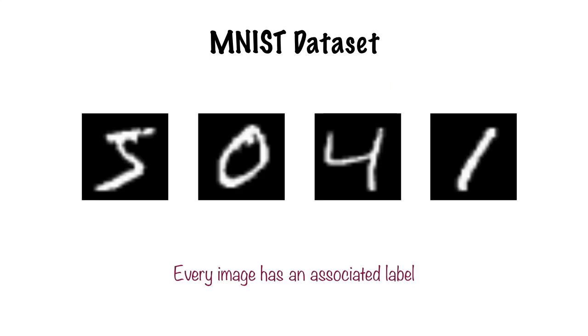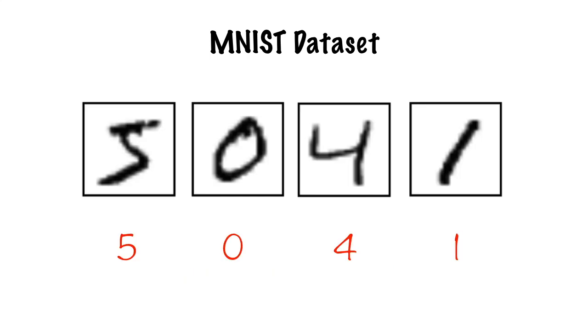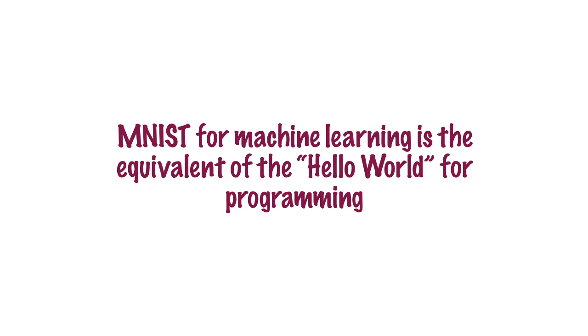Each image in the MNIST dataset has a label associated with it, which tells us what digit is represented by that image. So each of these images on screen will have the labels 5041. Using the MNIST dataset is a great way to start off with machine learning and pattern recognition techniques. It's the equivalent of the Hello World program when you start off with programming languages.